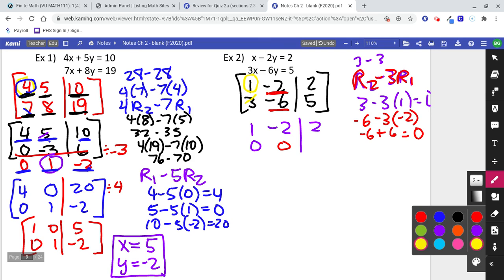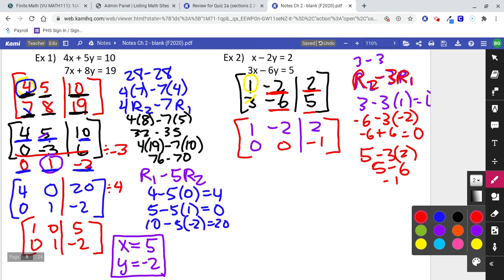I want numbers along that main diagonal and zeros everywhere else. So something different is going to happen. Let's continue and let's do row 2 is a 5 minus 3 times row 1 is a 2. That says 5 minus 6 is negative 1. Okay, negative 1.